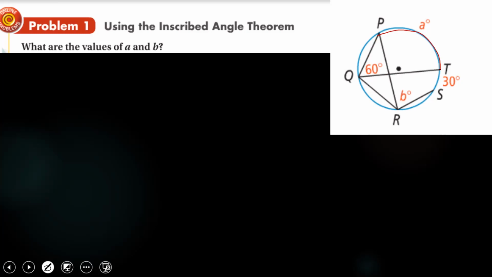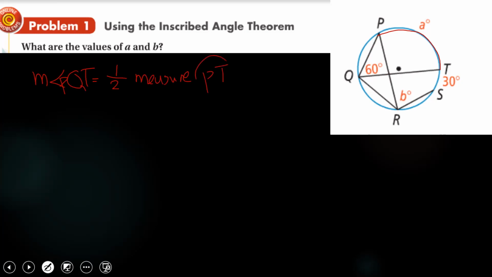Now let's come back to our theorem. Our theorem says that the measure of the inscribed angle, it's not Q, PQT, the measure of the angle PQT is half the measure of the arc, which is PT.